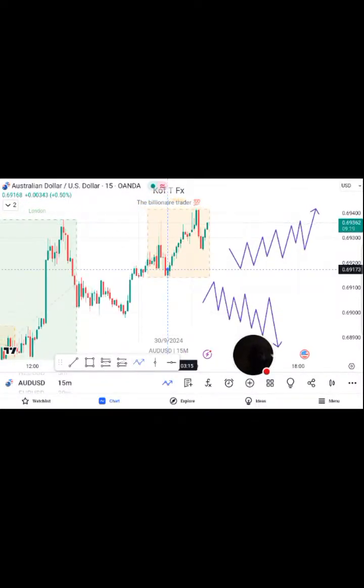So let me draw out the structure I can see here. So we have this down here, and we have this up, and we have this pullback, and up here, and we have this liquidity grab.